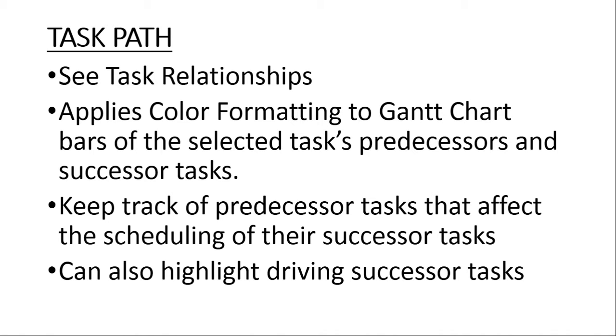We achieve this by applying color formatting to the Gantt chart bars of the selected tasks, predecessors and successor tasks. So what it means is that you select a particular task and then MS Project will give color to the predecessors as well as the successors of the particular task that you have selected.